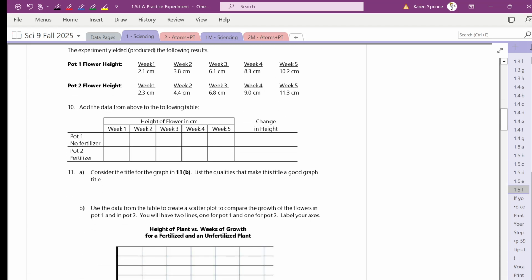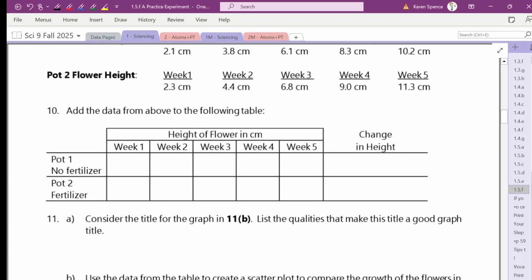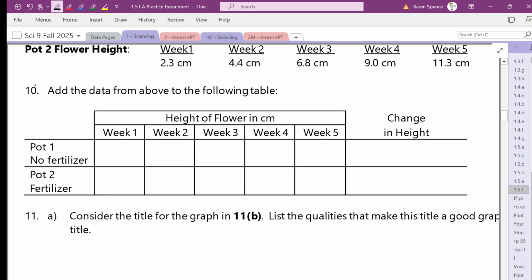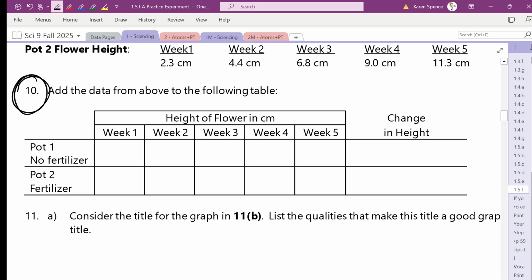On the last page, page 122, question number 10. If you don't have your book open to 122 right now, you might want to take a look at question number 10 because I do not know what this change in height thing is at the end. So you can just cross that part out. If you figured out something for it, God bless you.